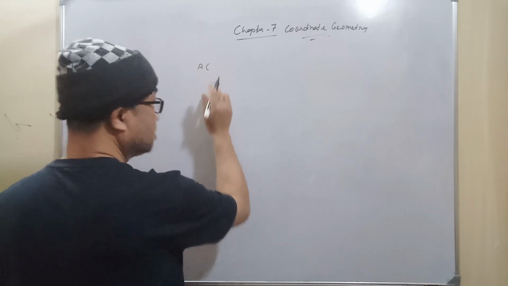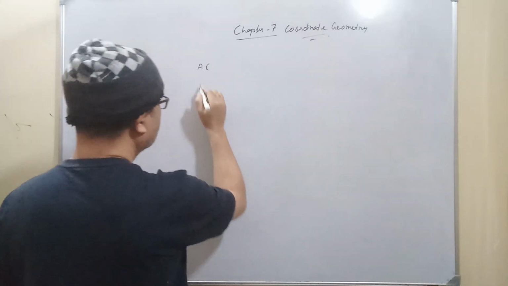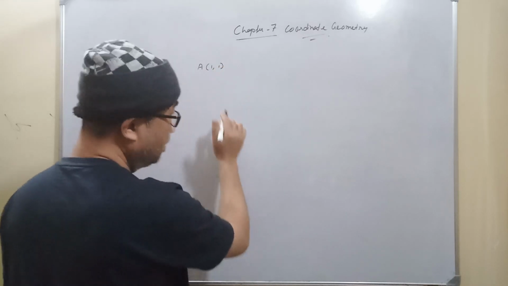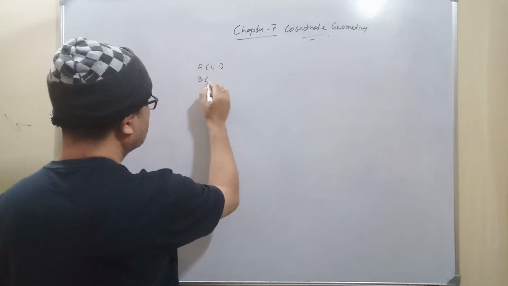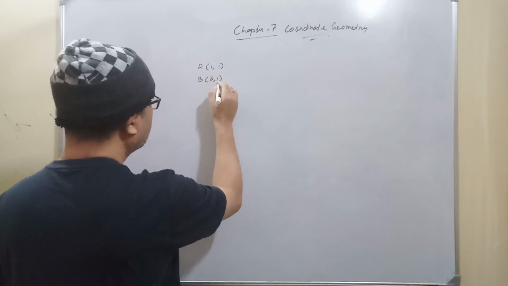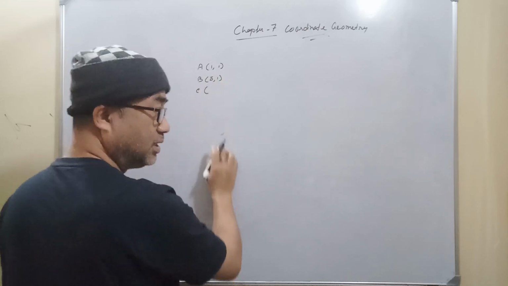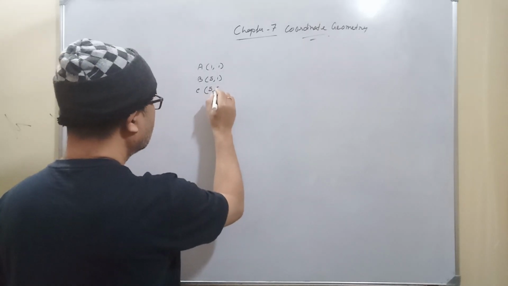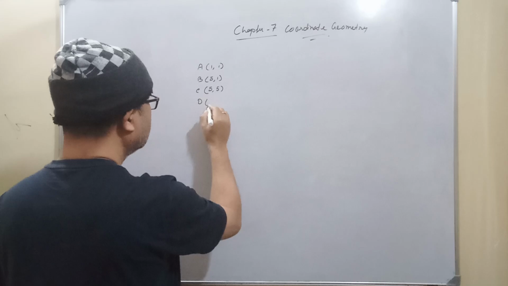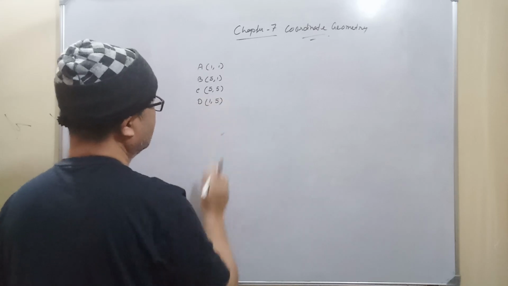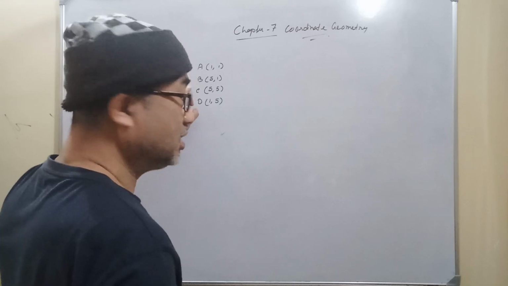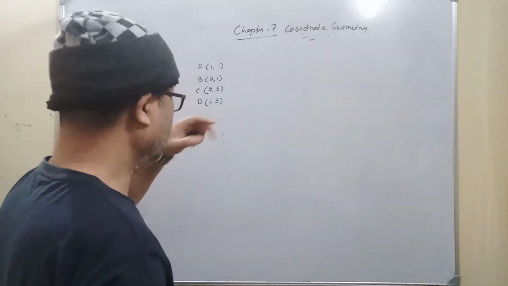So 4 points, A is (1, 1), B is (5, 1), C is (5, 5), and D is (1, 5).